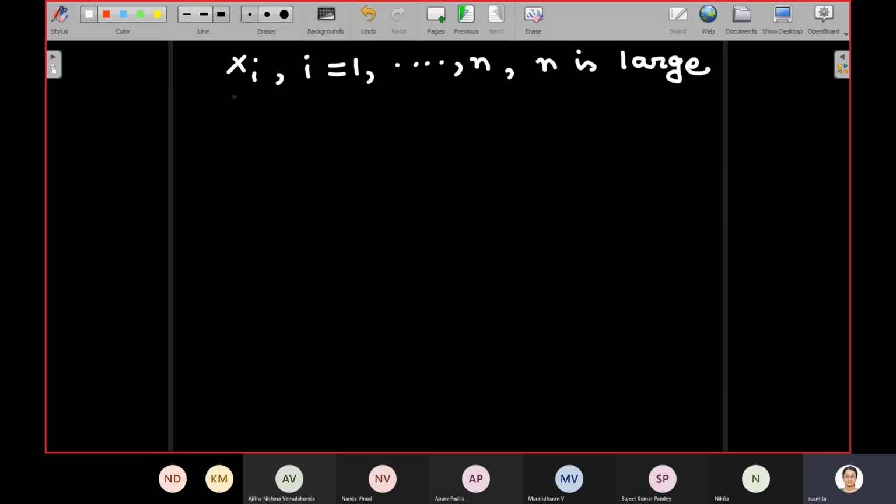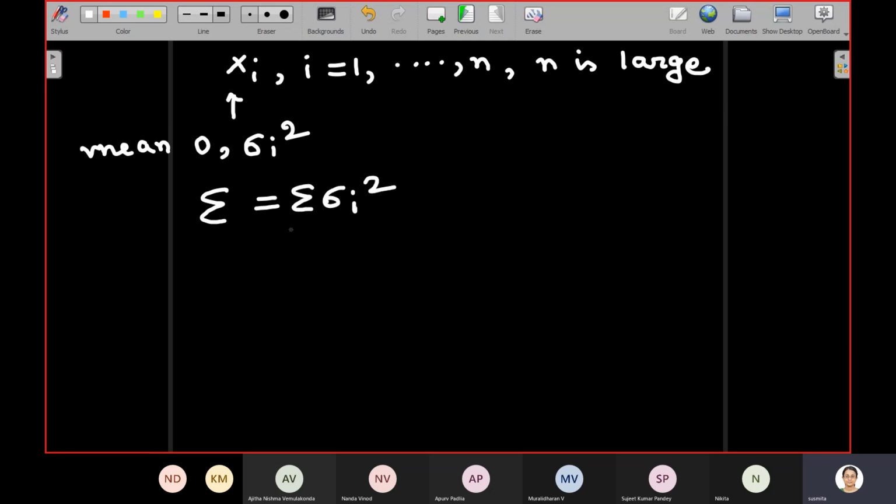Each random variable has 0 mean, and the corresponding variance is sigma i squared. Then the sum is over all i.